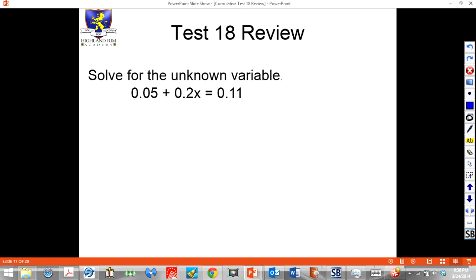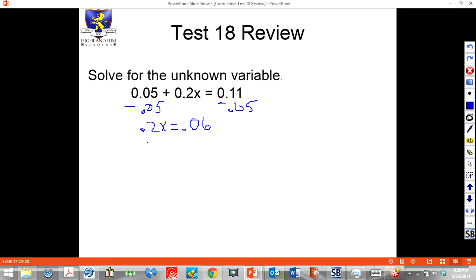Okay, now I'm going to solve for the unknown variable. What we all want to do is just isolate x, right? So the first thing we do is we subtract 0.05 from both sides. Okay, and we ended up with 0.2x is equal to 0.06.